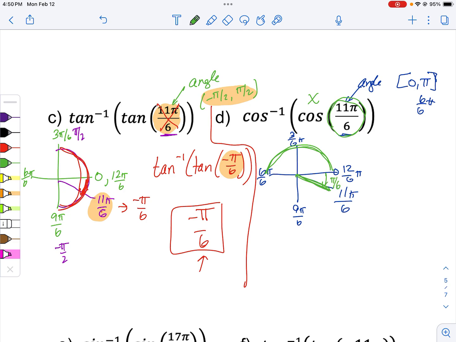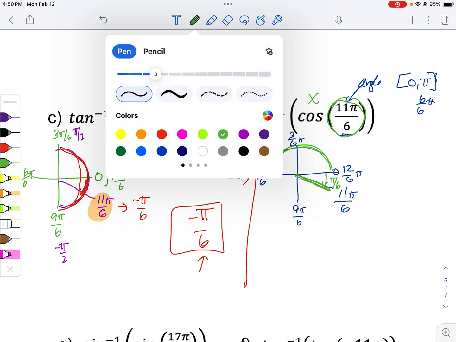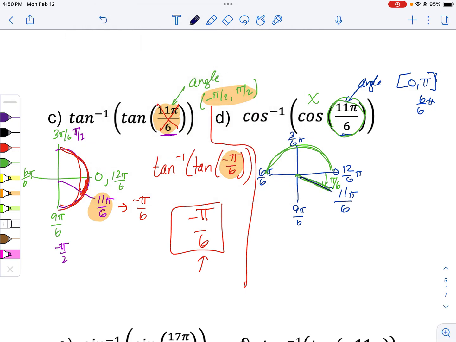Remember, it's how far it is from the x-axis, and it always has to be positive. So now we have to figure out where else cosine has the same x value as -π/6. Well, cosine's positive in quadrant 4. It's also positive in quadrant 1. These would have the same x value. So I'm going to use my reference angle of π/6.